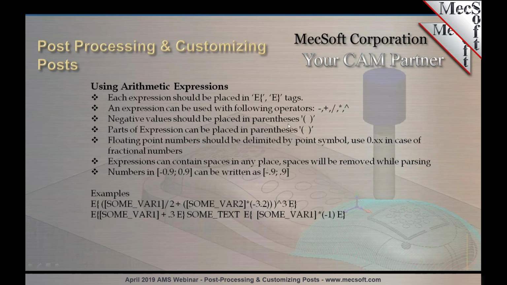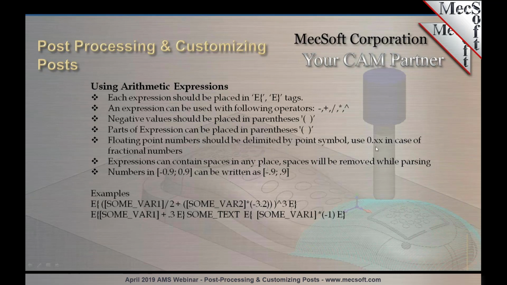So these are the rules in here. You can basically make sure that the expressions are placed in the tags within the brackets, and it marks the beginning with an E and ends with an E for expression. Negative values need to be in parentheses. Parts of an expression can also be placed in parentheses.